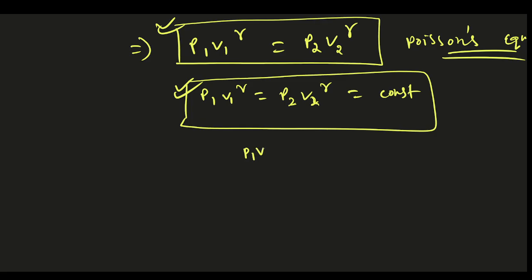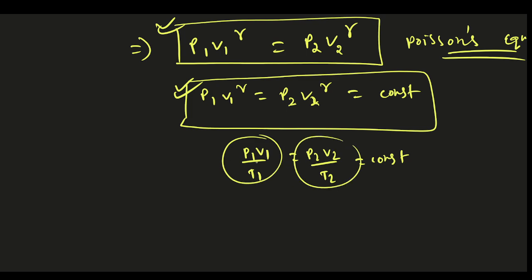Because if he says P1 V1 T1 equal to P2 V2 T2 equal to constant, in that case we are requiring three variables, and if three values change, then it is not possible to calculate. It will become very tough. So we want two values, like I did in the isothermal cases. For that, we just have to do P1 V1 gamma.